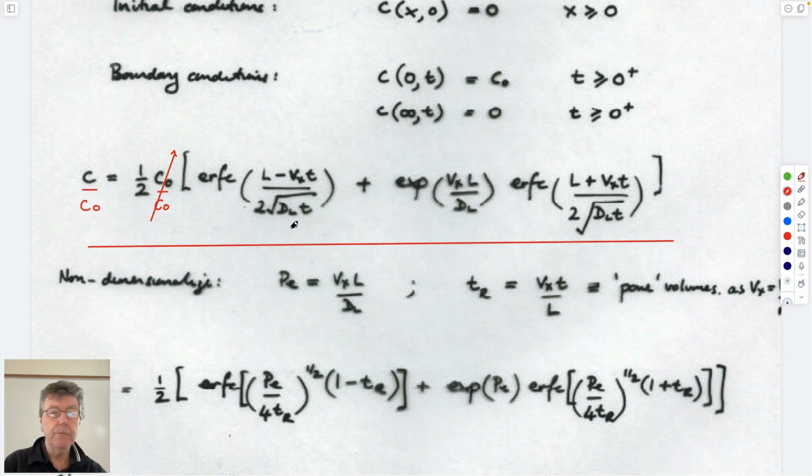You can see from this there is a Peclet number in here. I guess this term here is kind of a Courant number, C sub r.